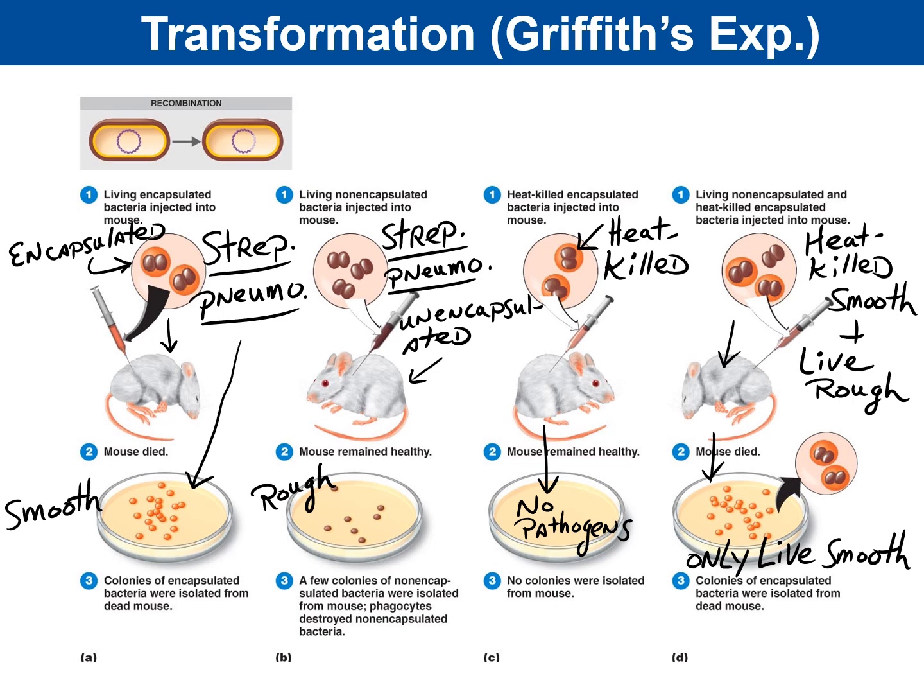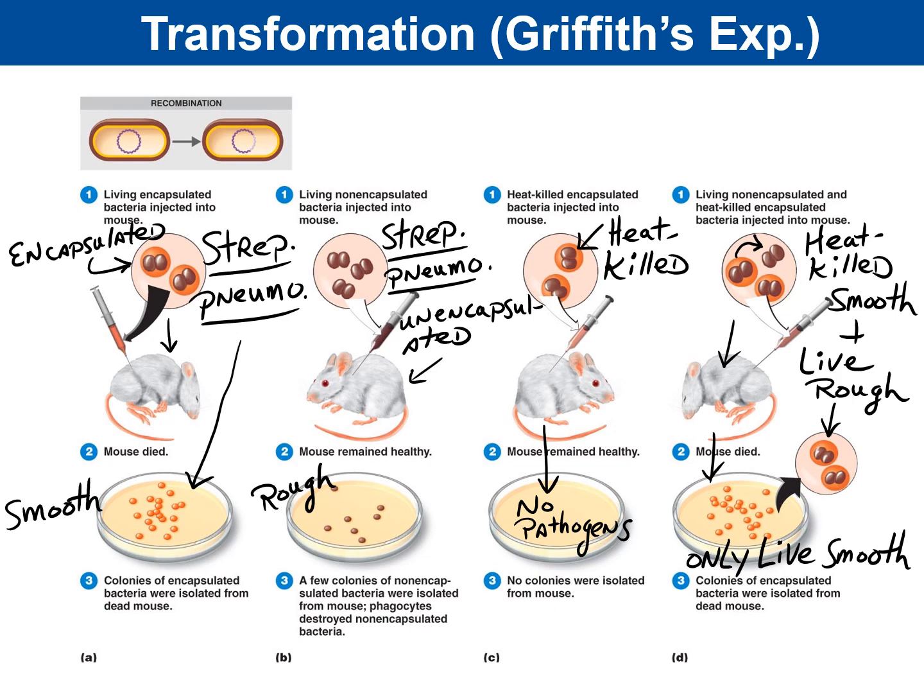And so this was actually a way in which transformation was revealed to be a real phenomenon, whereby the heat-killed smooth cells had released DNA. Part of the DNA were genes for capsule production, and those genes for capsule production had been taken up into the live rough strain. And that live rough strain gained a newfound ability to become capsule producers.